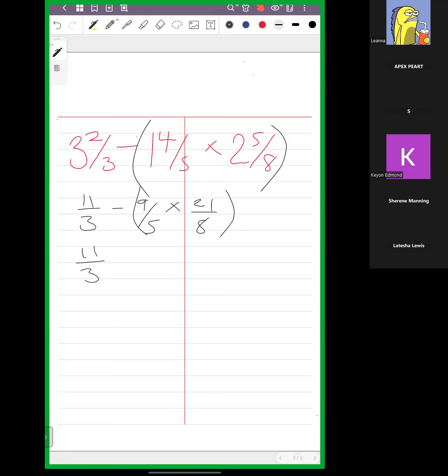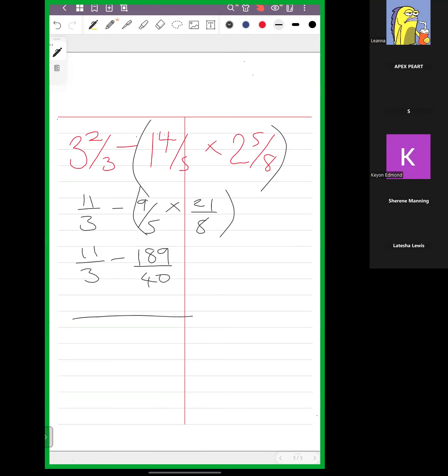So 9 times 21 gives us 189. You don't really end up with numbers like these unless you make up your own questions. And then 5 times 8, which is 40. But no problem, nothing wrong with that.